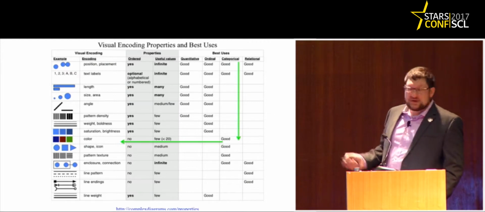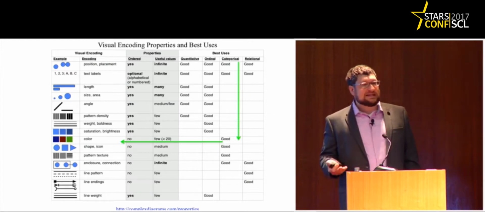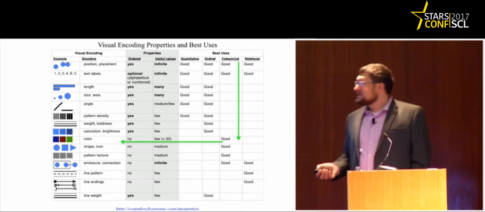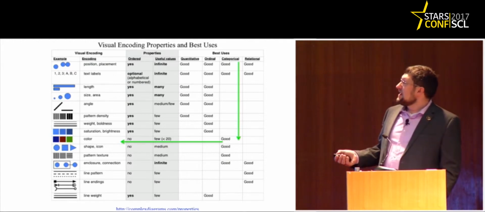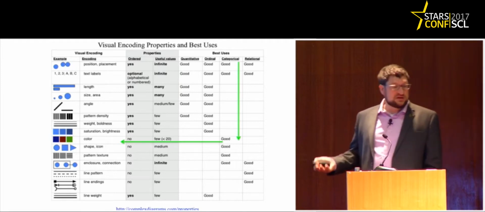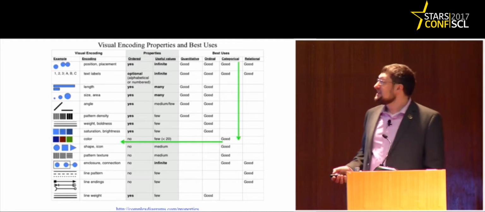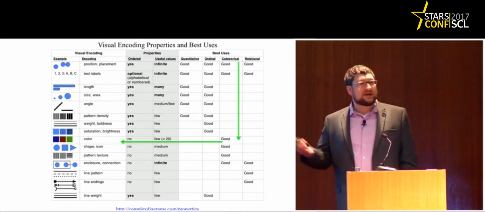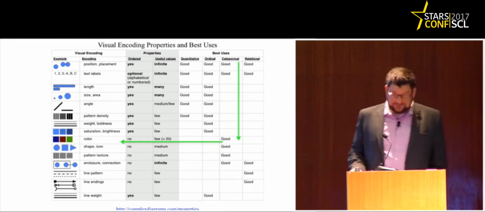The first one here is whether your brain believes that that kind of data is ordered. So if I say which of these is left and which of these is right, we can all agree which one's left and which one's right. If I say which of these is bigger and which of these is smaller, we all agree which is bigger and which is smaller.